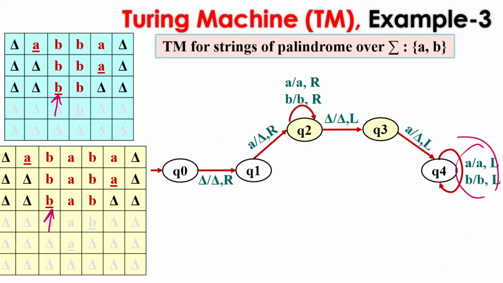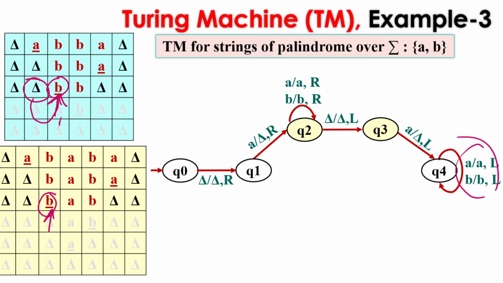But from Q4, after reading the last symbol of this loop, meaning we are pointing to this symbol, again we need to start moving to the right. As the leftover string is also a palindrome, we have to restart the complete process, and to start the complete process we need to catch this blank, and from this blank we can start moving to the right.